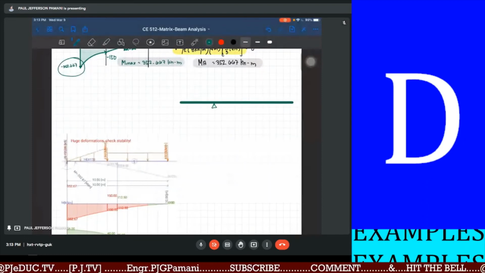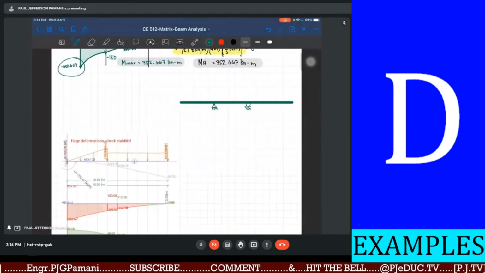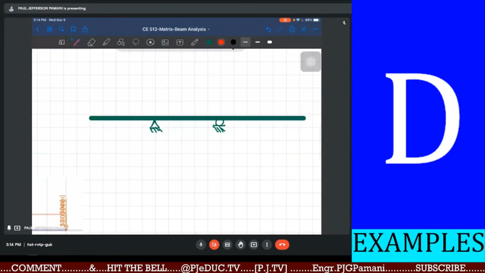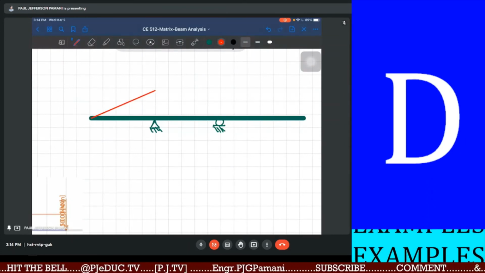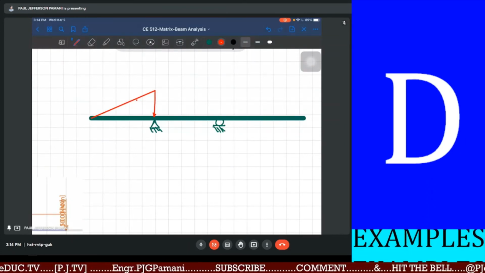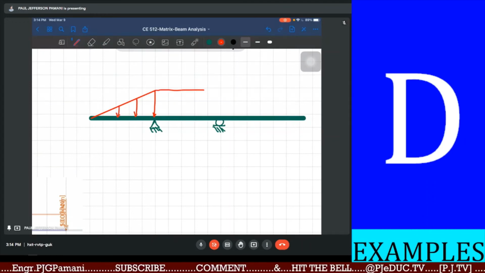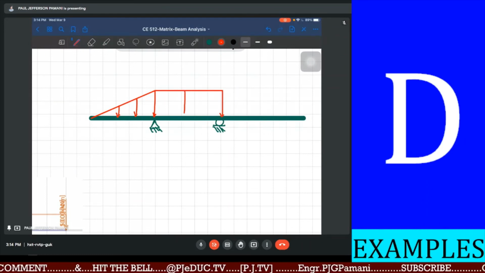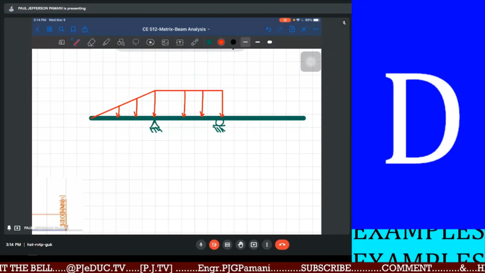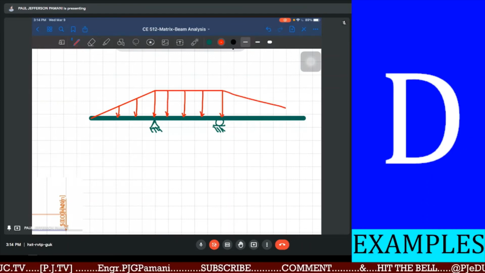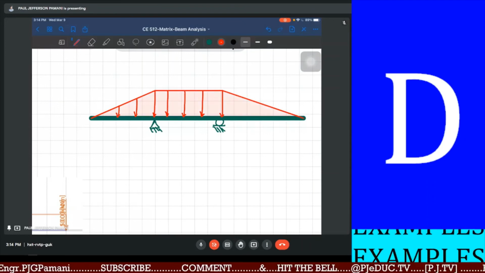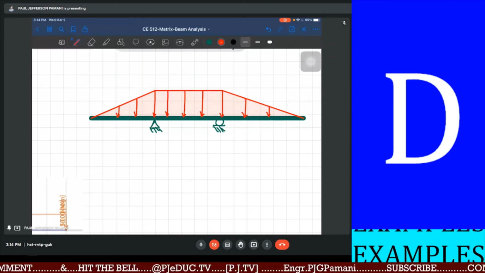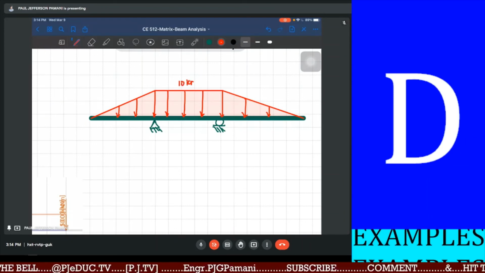We have hinge here and another roller here. Tapos, lagyan natin ng varying load. Uniformly distributed. Then another varying load. So pare-parehas yung height, 10 kilonewton per meter.